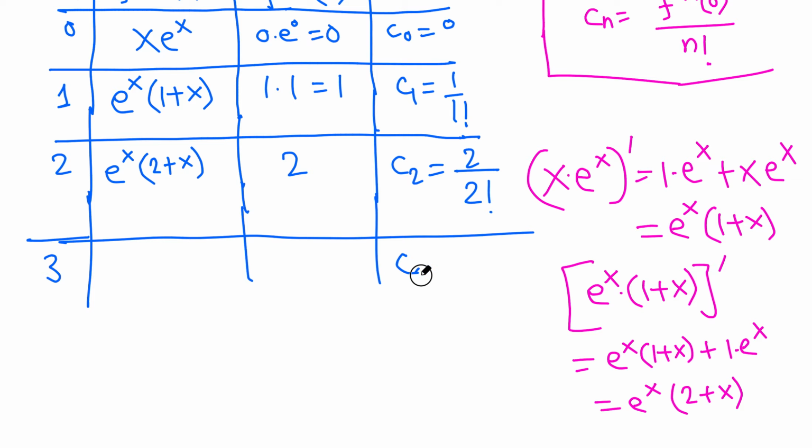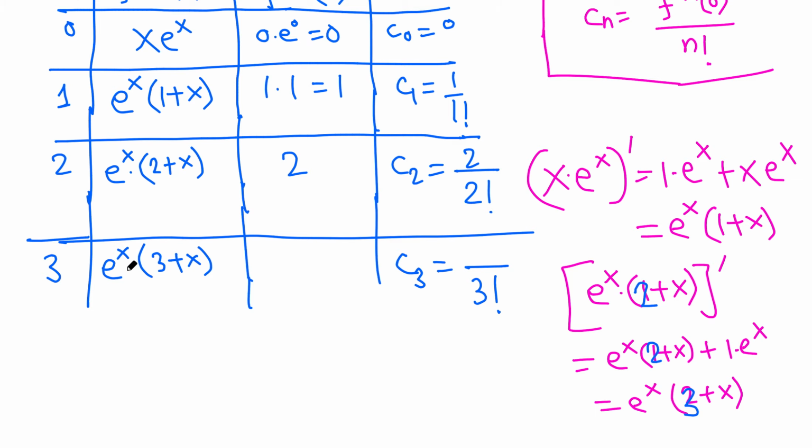For n equals 3, C3 will be this value divided by 3 factorial from the formula. We need to find the derivative of this product, e^x times (2 plus x). It works the same way, and 2 plus 1 gives 3. So the derivative is e^x times (3 plus x). Now evaluate at 0.